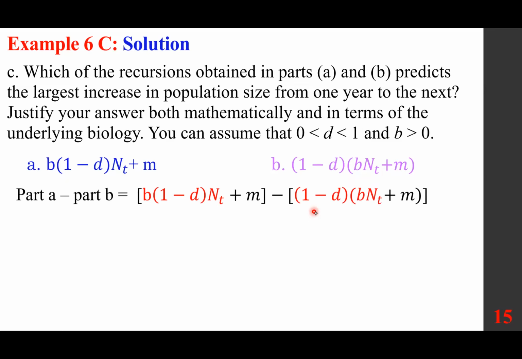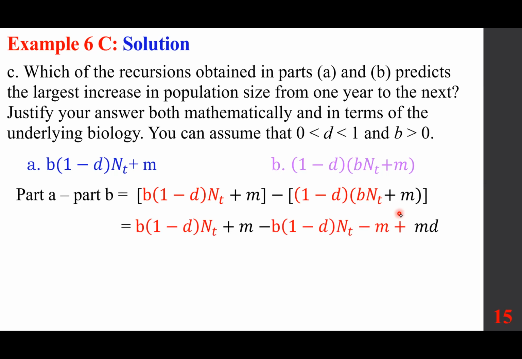So let's write this in this fashion. And all you have to do is just do the math. So we are writing part A minus part B. We can distribute if we want, or keep this plus M, this one minus 1 times this, and then minus D times that.